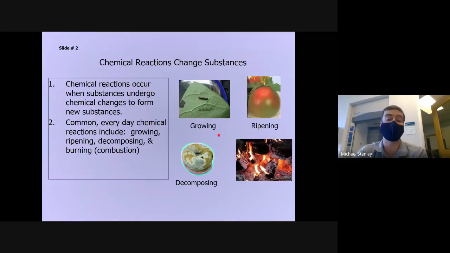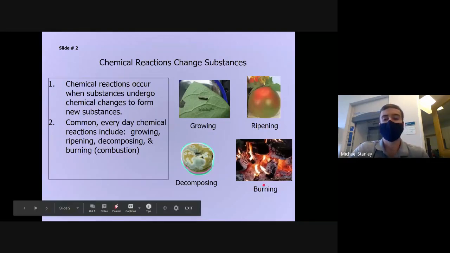Another big one that we talked about with the chemical change was things like burning or combustion. By heating up something in the presence of oxygen, some things have a tendency to catch on fire. And when they do, the reason why the fire is hot and you see the light coming off of the flames is because of the chemical reactions going on in the fire.